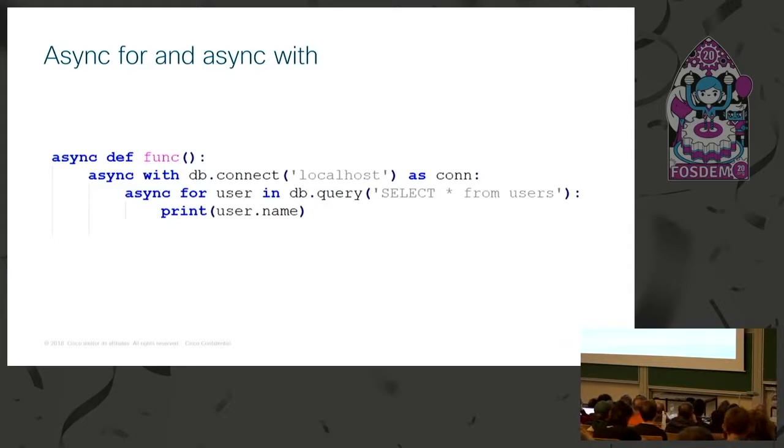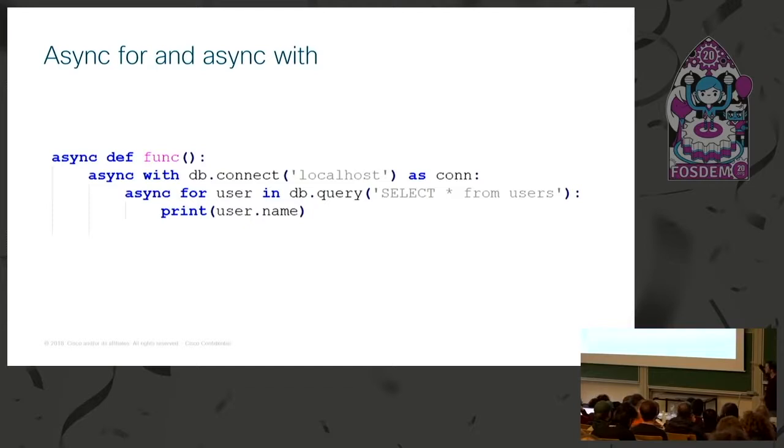Then async for is something you typically see when you're consuming an asynchronous data stream. Like, for instance, you select the users from a database table. The entries are all transmitted over the wire, over the network, and you receive them in chunks, not all at once. So you don't want to wait until the whole response arrives before you start processing, but you want to start processing things as soon as possible as they arrive.